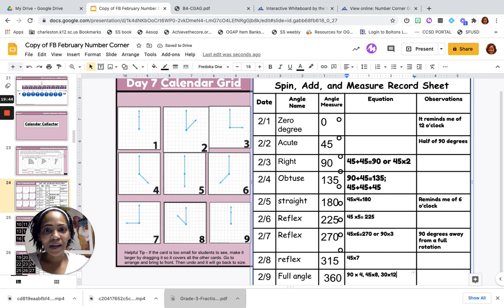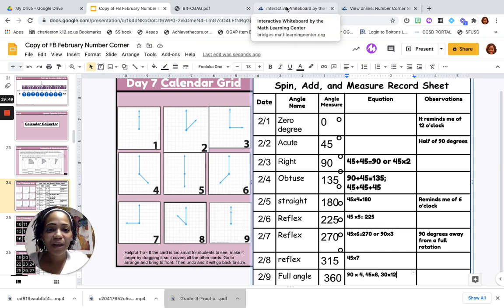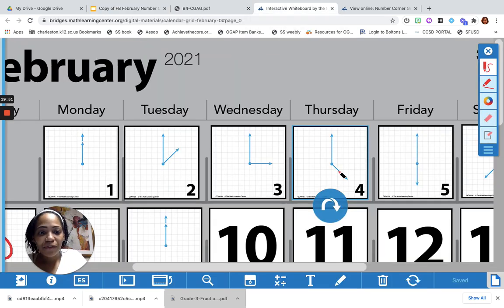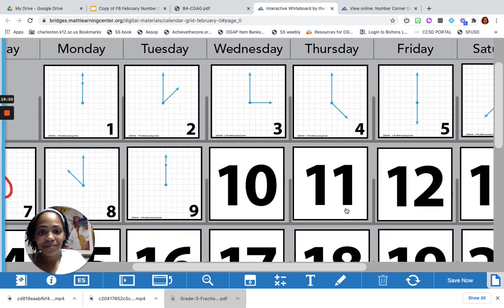It makes me wonder about, what is today's calendar marker going to look like? Well, guess what? We are about to find out. But first, please make a prediction. What do you think it's going to be? Let's see. Are you ready?